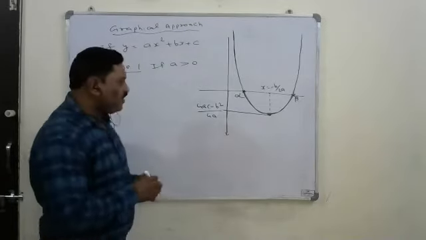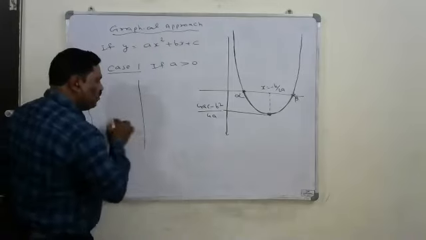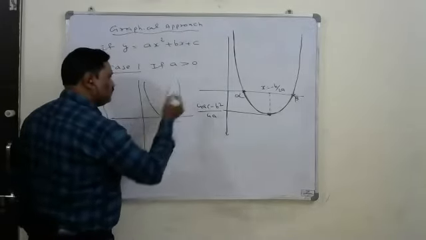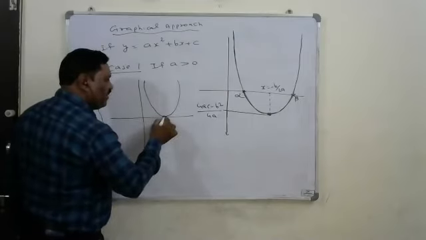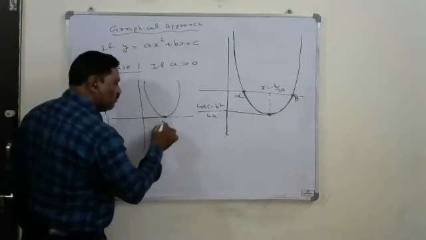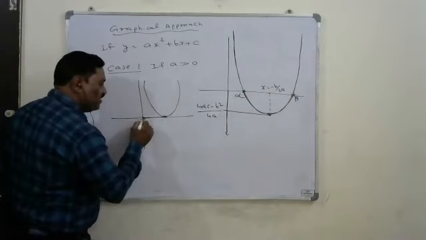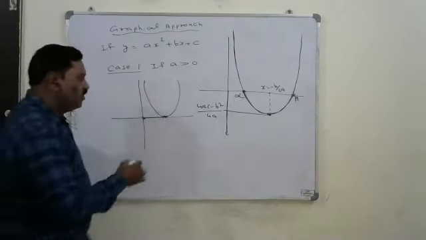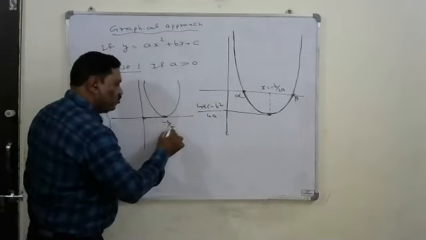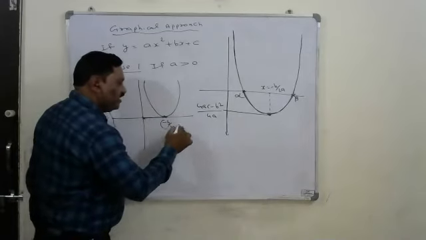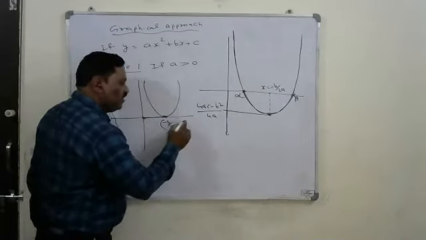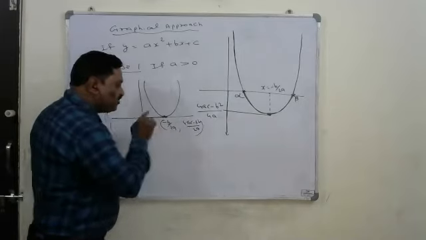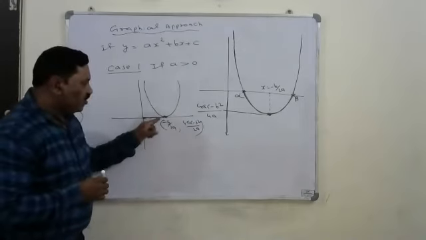Suppose the minimum value is equal to 0, the graph will be like that. This is the minimum value. Suppose this minimum value (4ac minus b square) by 4a is 0 only. On the x-axis y is equal to 0, that is available at x equal to minus b by 2a. So this point I can write as (minus b by 2a, (4ac minus b square) by 4a).